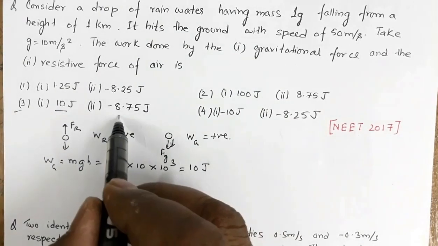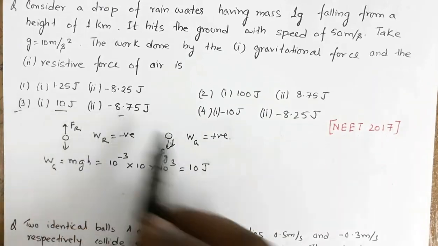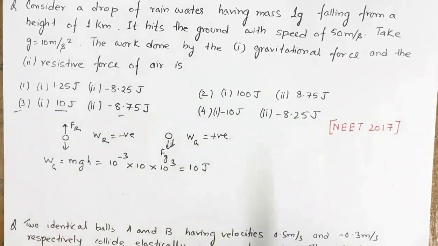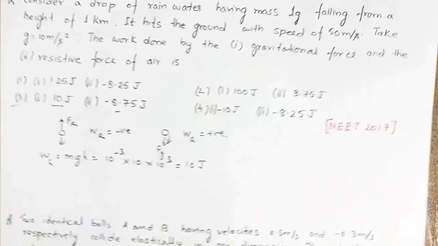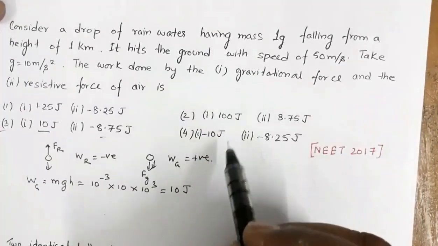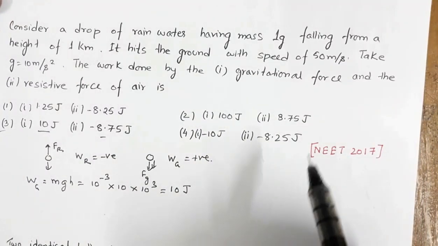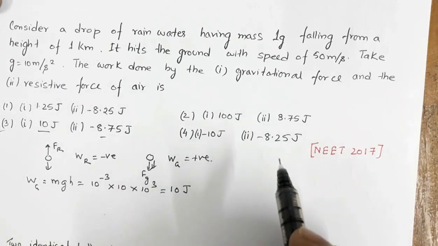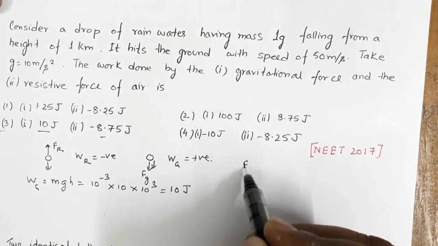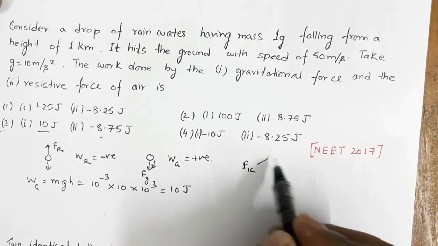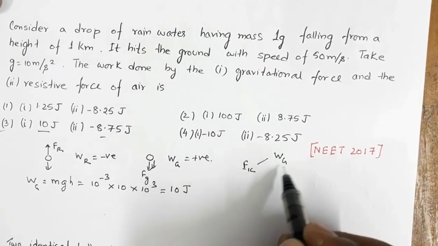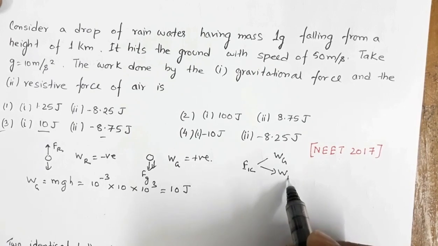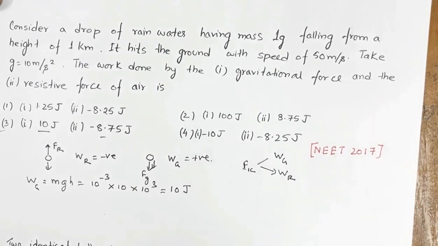Now let us also calculate, though we know that this is the correct answer, the work done by resistive force. While falling down, it has kinetic energy, and that kinetic energy is going to be expended into two forms. So this kinetic energy will be spent as work done by gravitational force and also work done against the resistive force of air.